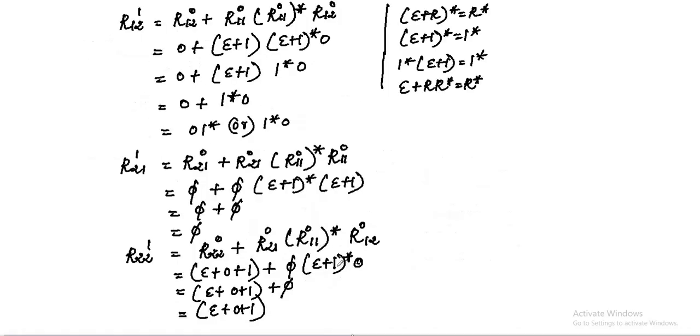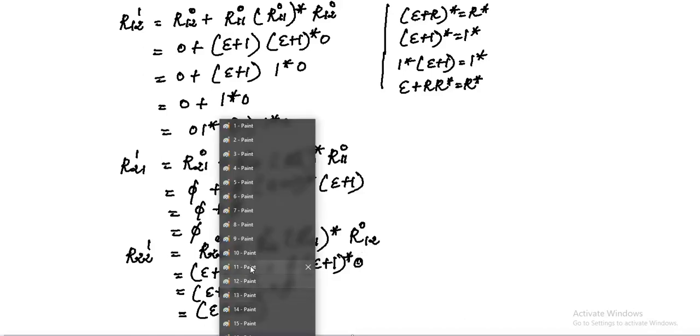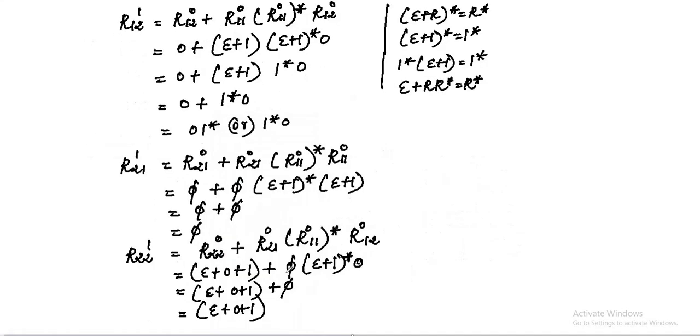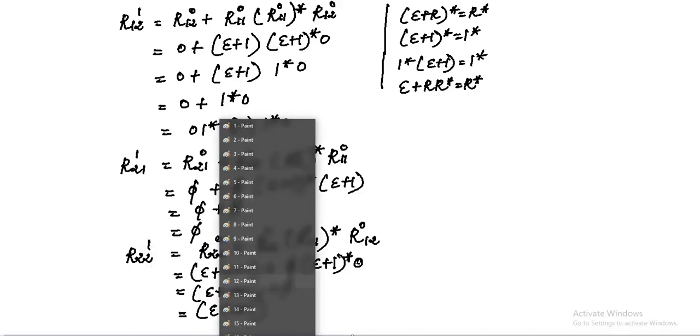So here epsilon plus 1 raised to the power star, and R12 raised to the power 0 is 0. Then epsilon plus 0 plus 1 plus, then you multiply any regular expression with null, then you will get null. Then finally you will get epsilon plus 0 plus 1. So R22 raised to the power 1 is epsilon plus 0 plus 1.